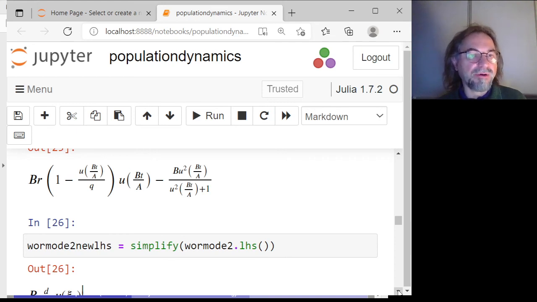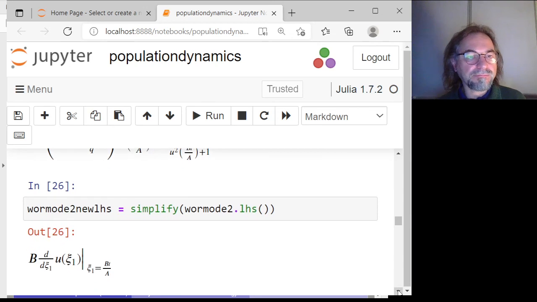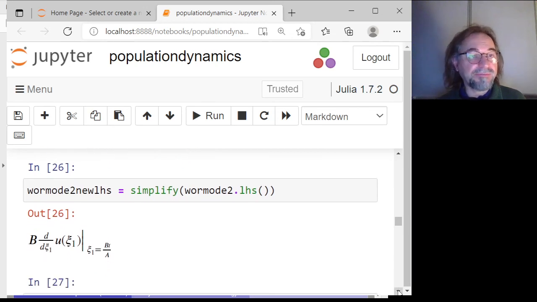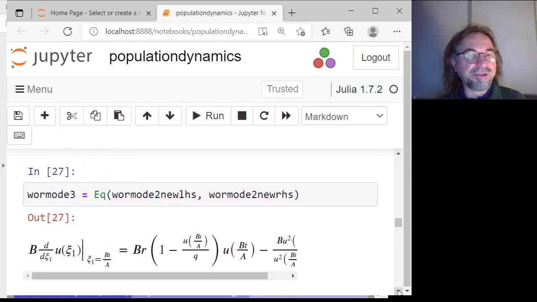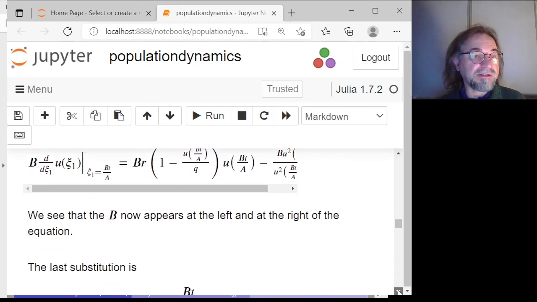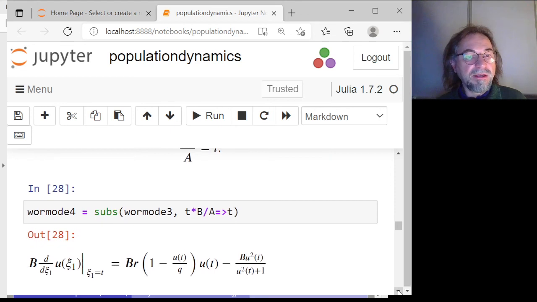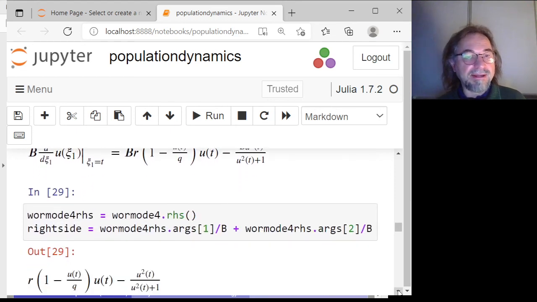The a square got cancelled, and then the left hand side, when you do the simplification there, that's actually kind of nice. We have a new symbol coming in, the b is coming in there too at the left hand side. So you see in the equation, at both left and right, the b factor is sitting in there. And then all is well at the end.